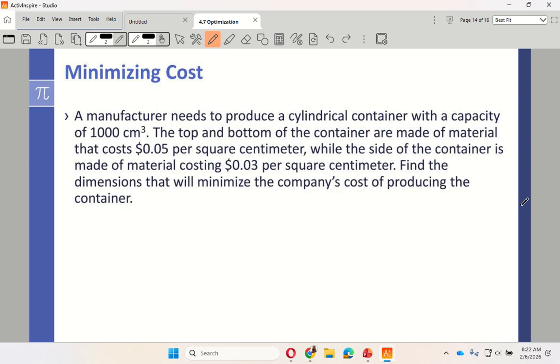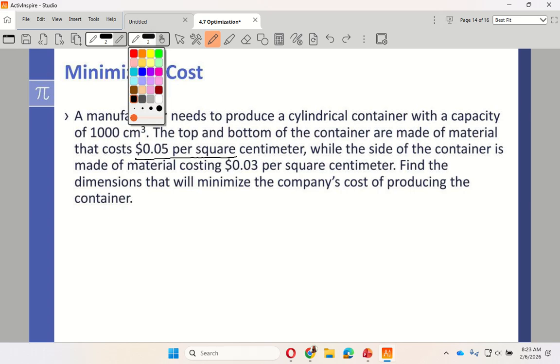A manufacturer needs to produce a cylindrical container with a capacity of 1,000 cm cubed. The top and bottom of the container are made of material that costs 5 cents per square centimeter. Okay, that should give you a key.